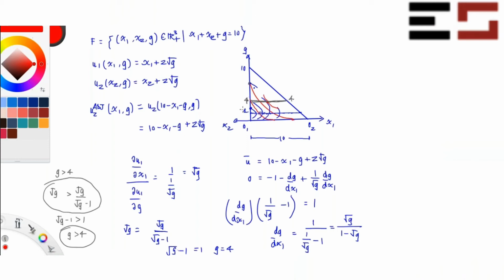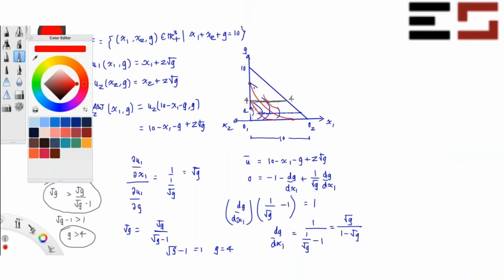What that means is that individual 1's IC is actually flatter than individual 2's IC. So basically the situation will look like this. Is that clear to everyone? So that means this point is Pareto efficient. So these points are Pareto efficient, these points are Pareto efficient, and these points are Pareto efficient.